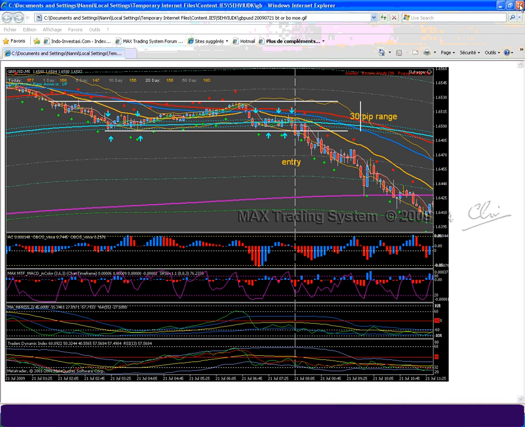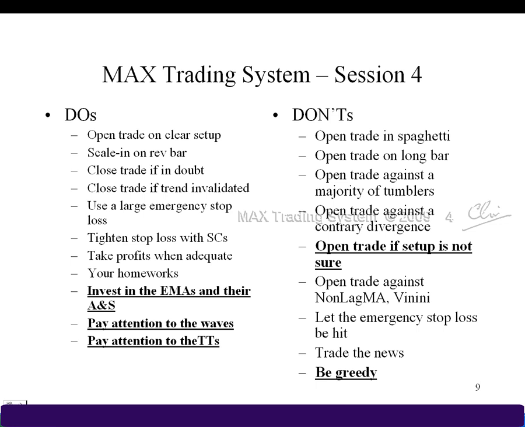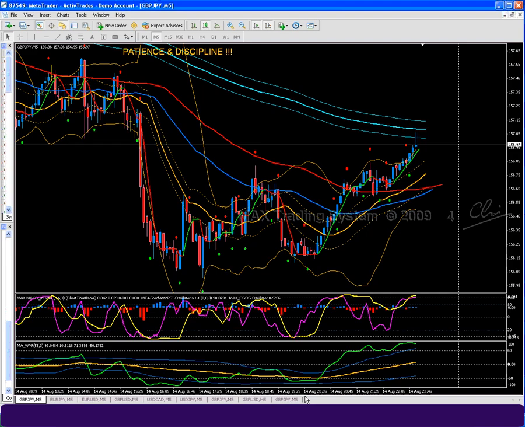I will close this chart now, and let's go to the MetaTrader. So last week we ended with this kind of chart. What we will do now, we will ignore the training wheels.